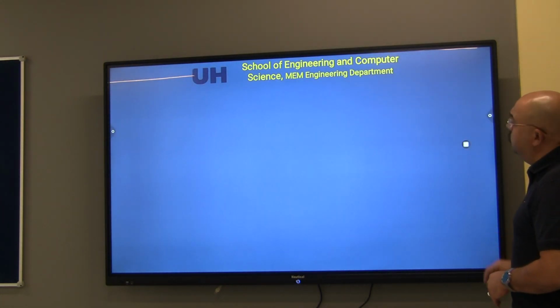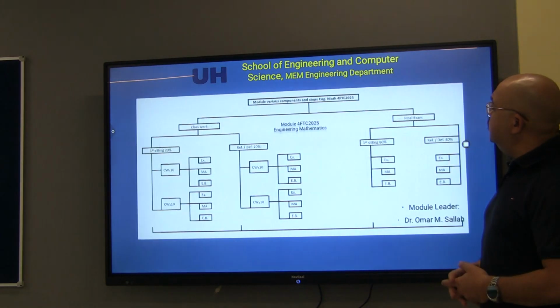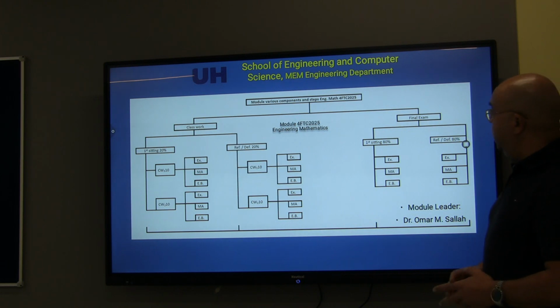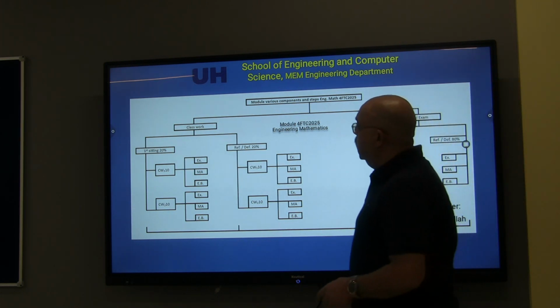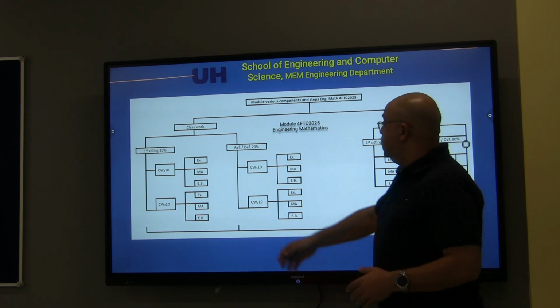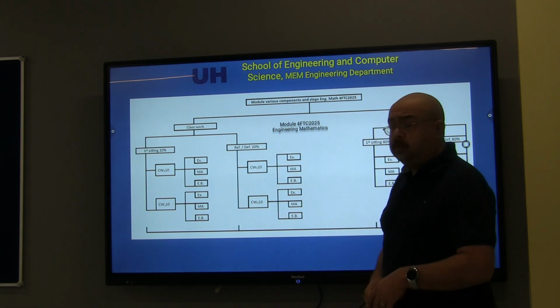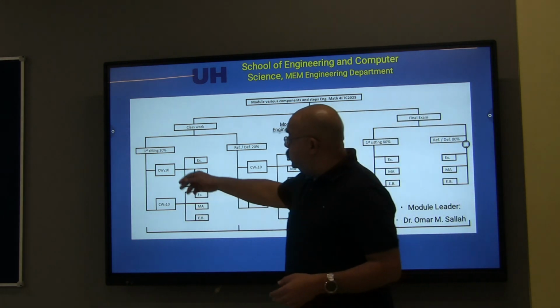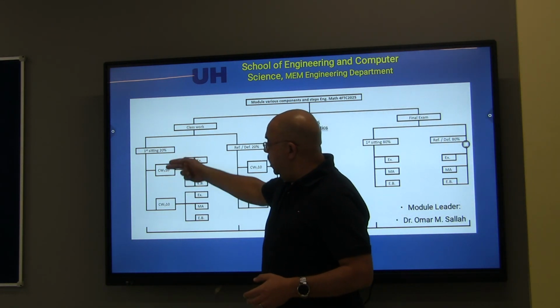I want to speak with you now about the grades and how they are distributed within this course. Mainly for this course, it's going to be split between classwork and final exam. It's going to be 20% for the classwork, which will be two main classwork exams.